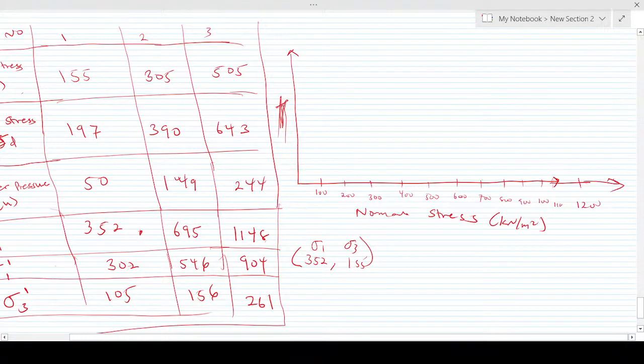Okay. So now I plot all of them. So this is sigma 1, sigma 3.